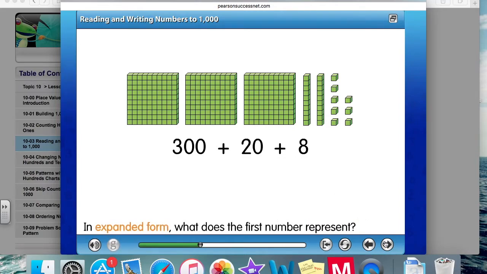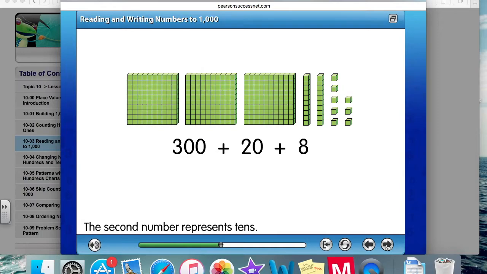In expanded form, what does the first number represent? The first number represents hundreds. What is the value of 3 hundreds? So again, we counted by hundreds, so 300 is the value of 3 hundreds. What does the second number represent? Well, we talked about that the second number represents your 10 rods.